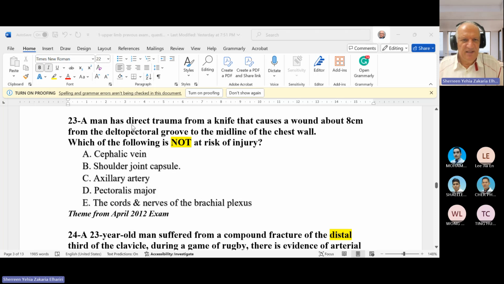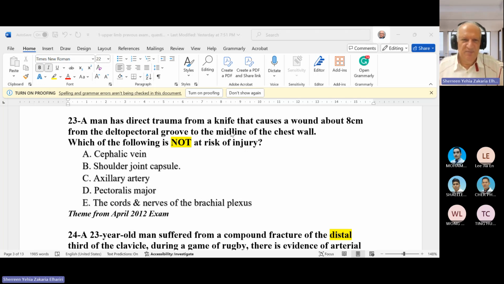A man has direct trauma from a knife that caused a wound about 8 cm from the deltopectoral groove to the middle of the chest wall. Which of the following is not at risk of injury? Okay. This area is important because the deltopectoral groove is a site where we insert a central line.